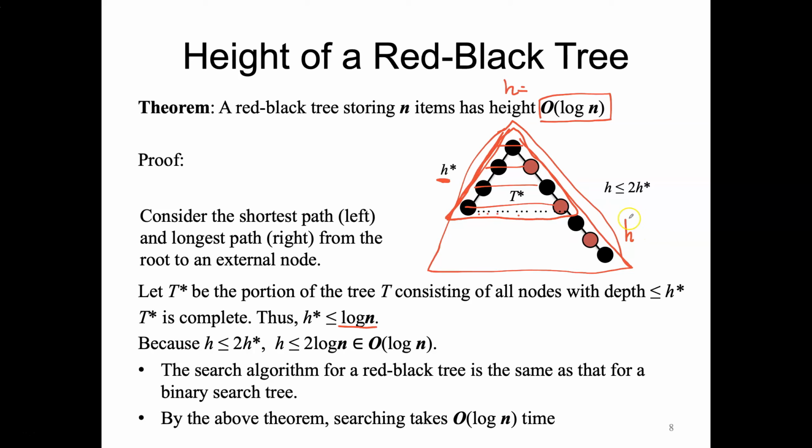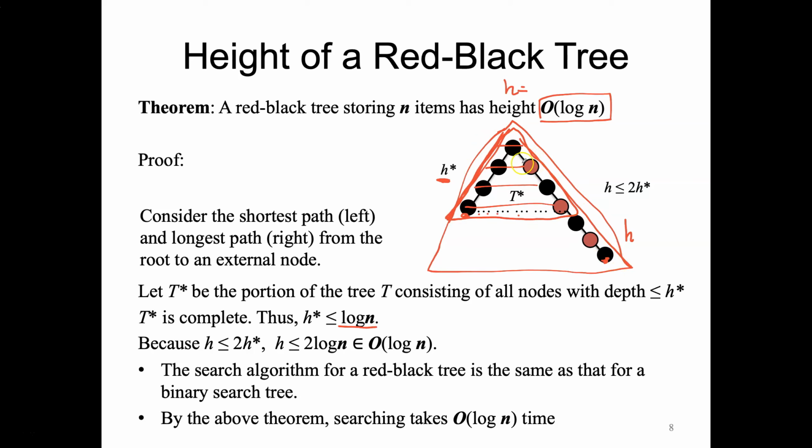And how this compares to the longest root to leaf path, how much larger this longer path could be, is based on our color properties. So we know that the root is black, leaves are black, and then how is it possible that this path is actually longer if these external nodes must have the same black depth? Well, it could be that this path has fewer red nodes in it, and this path, which is longer, has more red nodes in it.